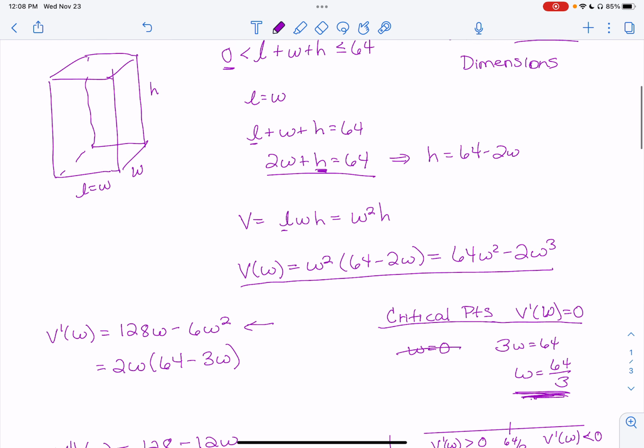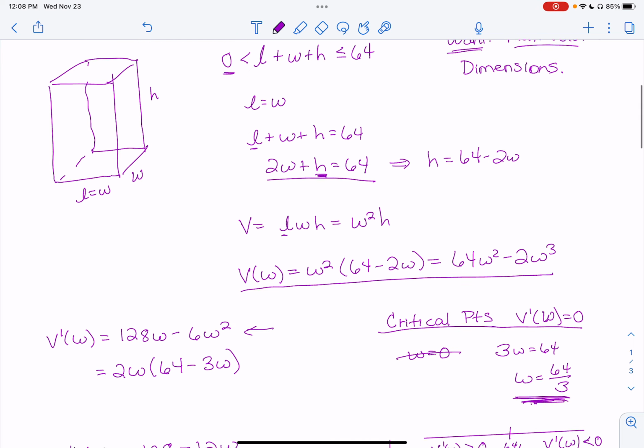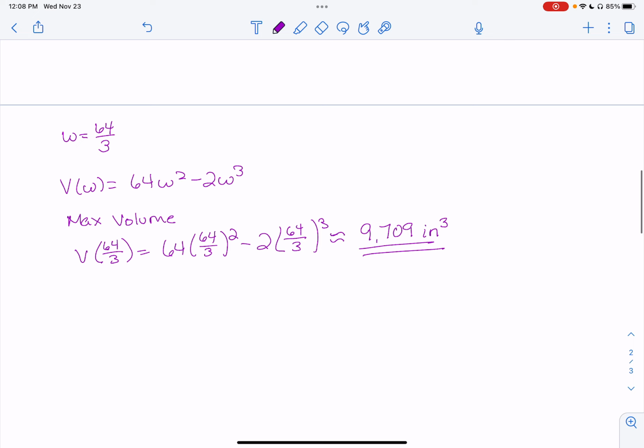Now remember, if we look back to what we want, and this is why I always write down what I wanted: the maximum volume, which I've gotten, but I also want the dimensions. So I can use my height equation. Remember, we had h equal to 64 minus 2w. So I can find that as 64 minus 2 times 64 over 3, which is actually going to be equal to 64 over 3.